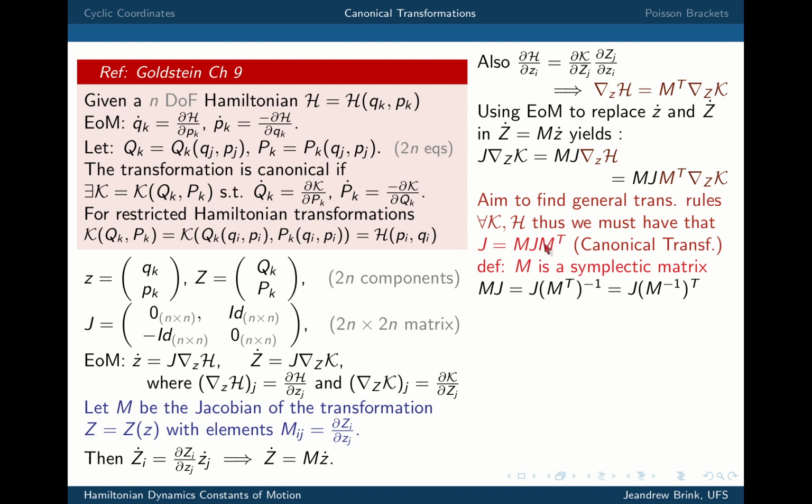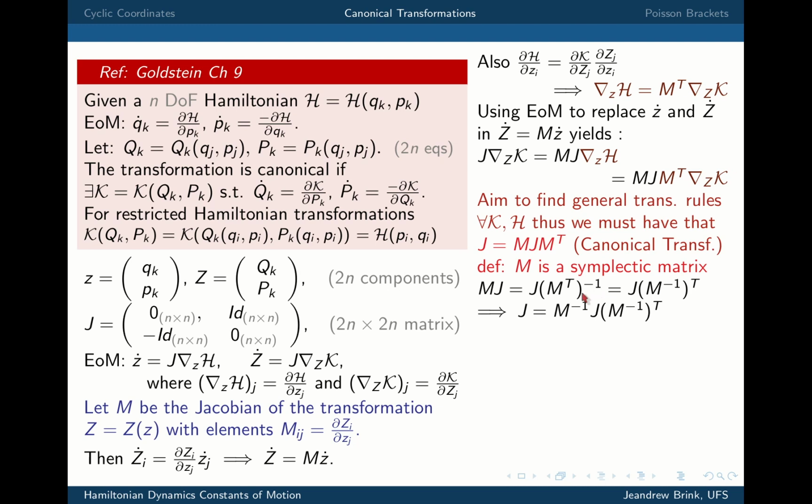Then that disappears, so you're left with M J. But then you have to multiply the other side on the right by the inverse of M transpose. So that's how this identity is obtained. And you can switch the operations of inverse and transpose, so this is also true.